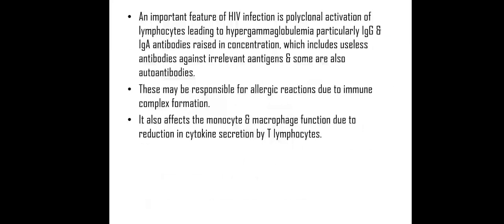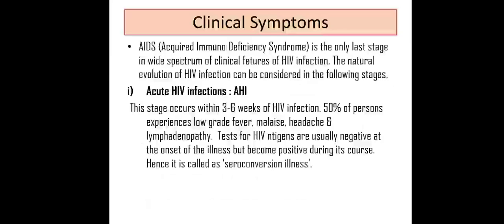Some are also autoantibodies, that is, antibodies against self antigens. These may be responsible for developing allergic reactions due to immune complex formation. It also affects monocyte and macrophage function due to the reduction in cytokine secretion by T lymphocytes.